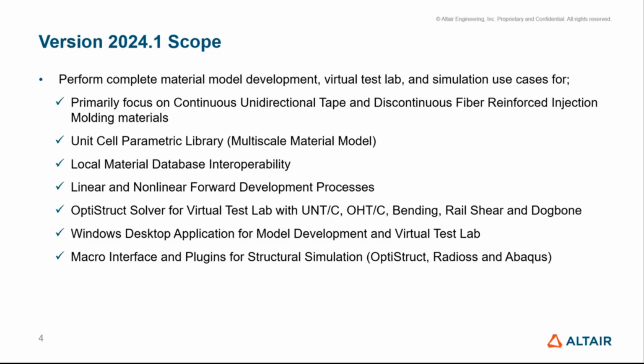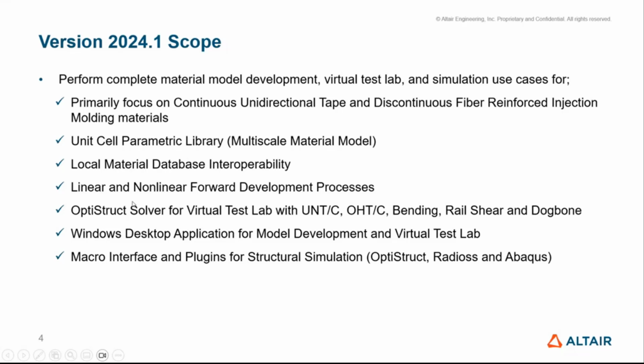We looked into the parametric unit cell library and took over what was heavily used and what hasn't been heavily used, and we dropped a bit of support here, but we enhanced the data structure behind the scenes. We reworked the linear and nonlinear forward development processes.